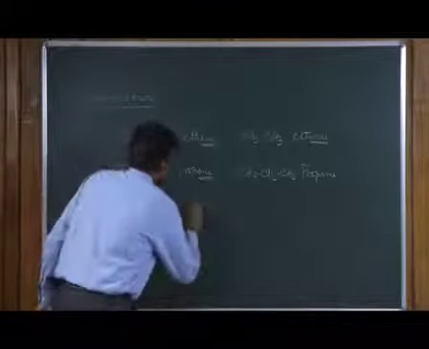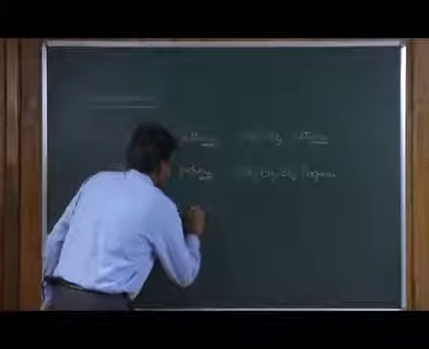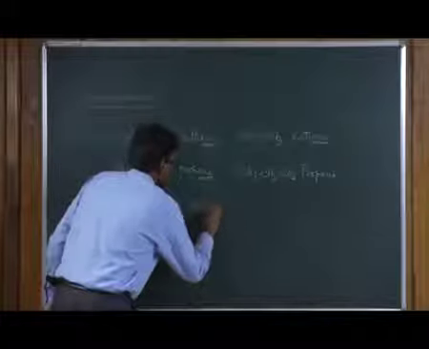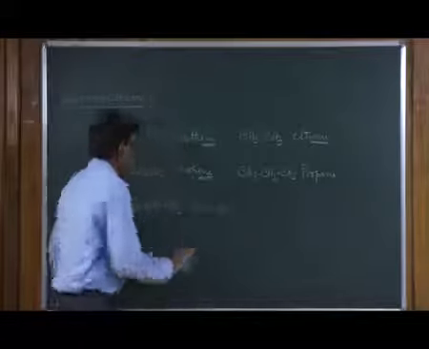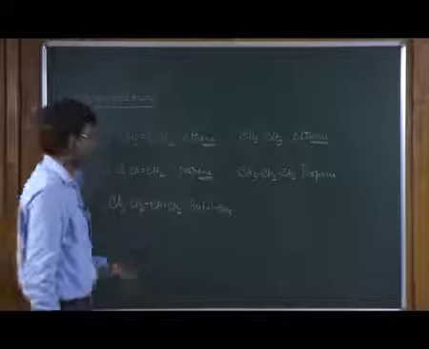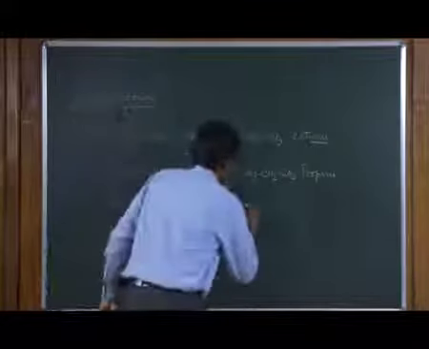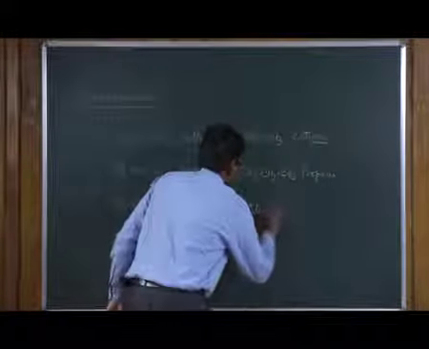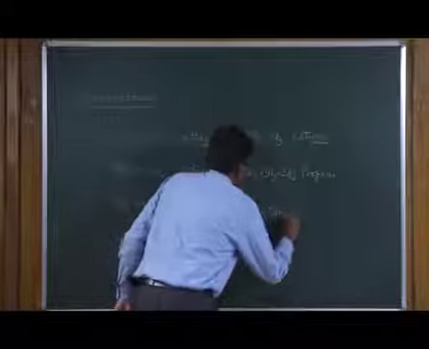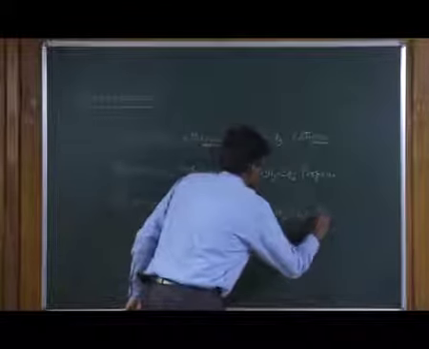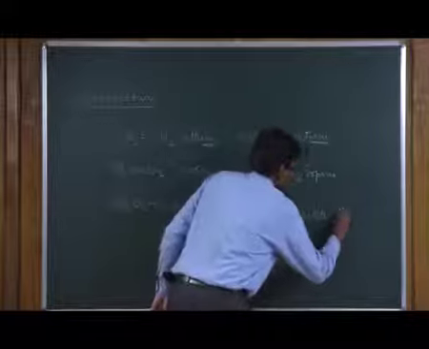This is known as but-1-ene. The one refers to the position of the double bond. The corresponding alkane is butane.